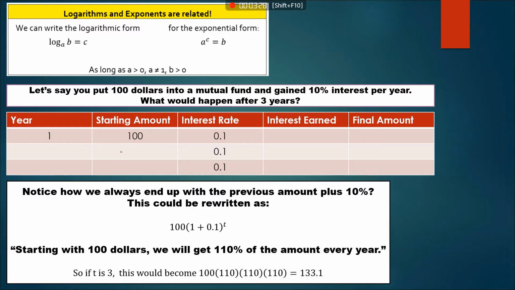So if I'm getting 10% interest, how much interest am I getting in the first year? Anyone? How much interest am I getting in the first year?